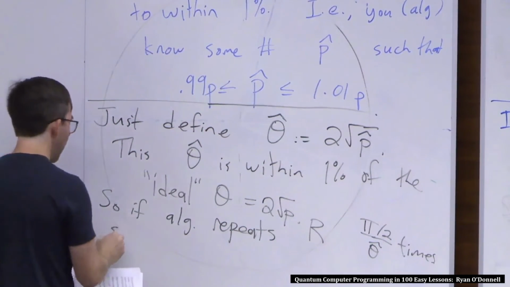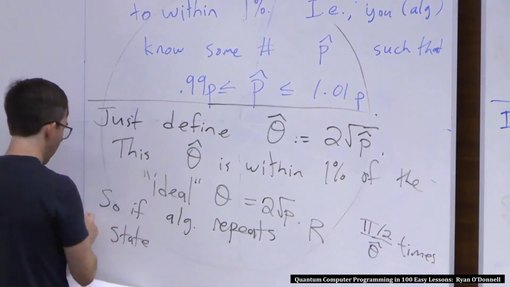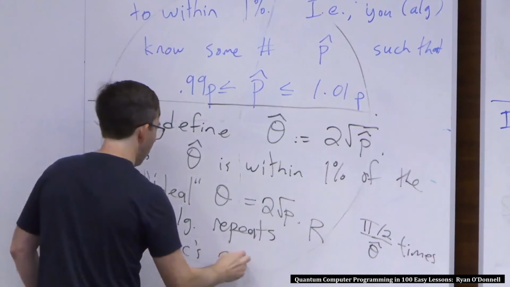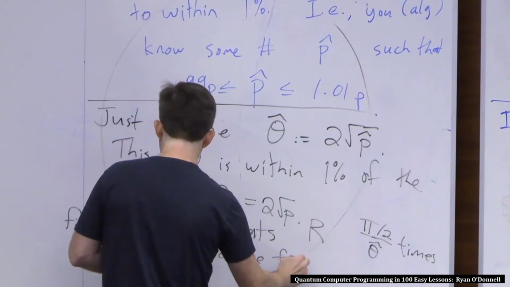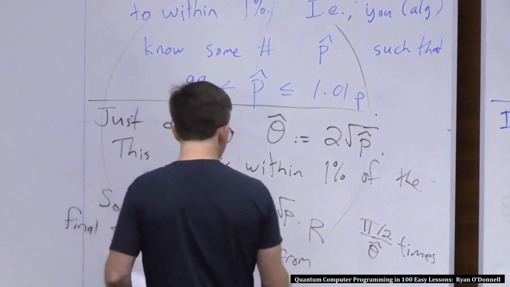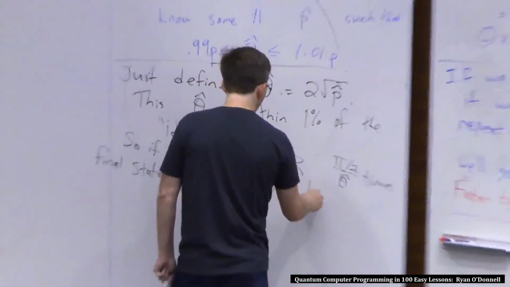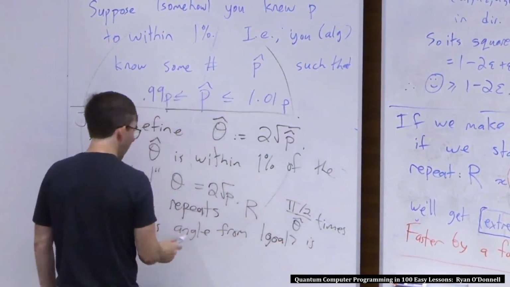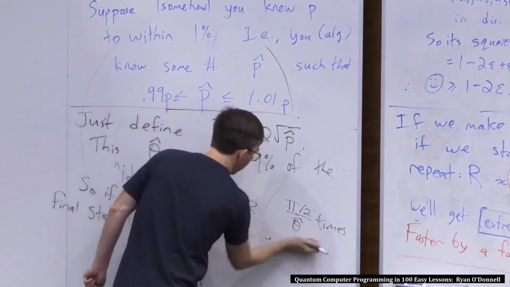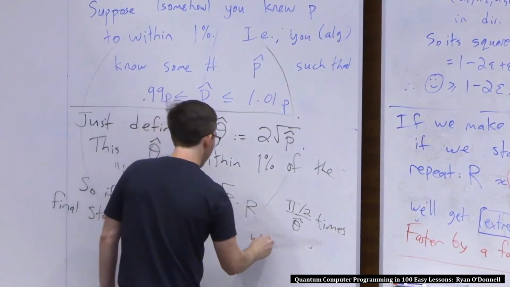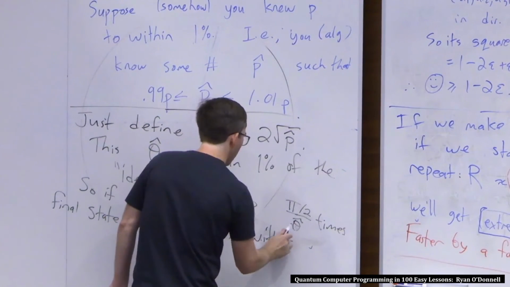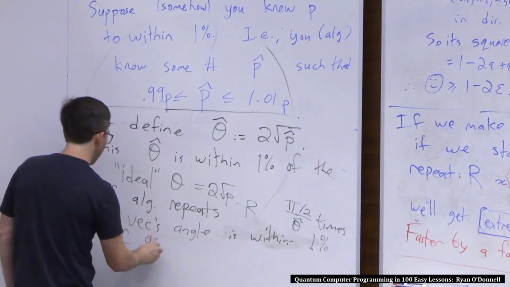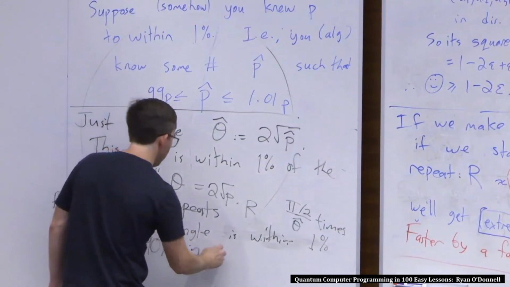The final state vector's angle from the goal is, well, let's just say the final state vector's angle is within 1% of 90 degrees in the 2D picture.